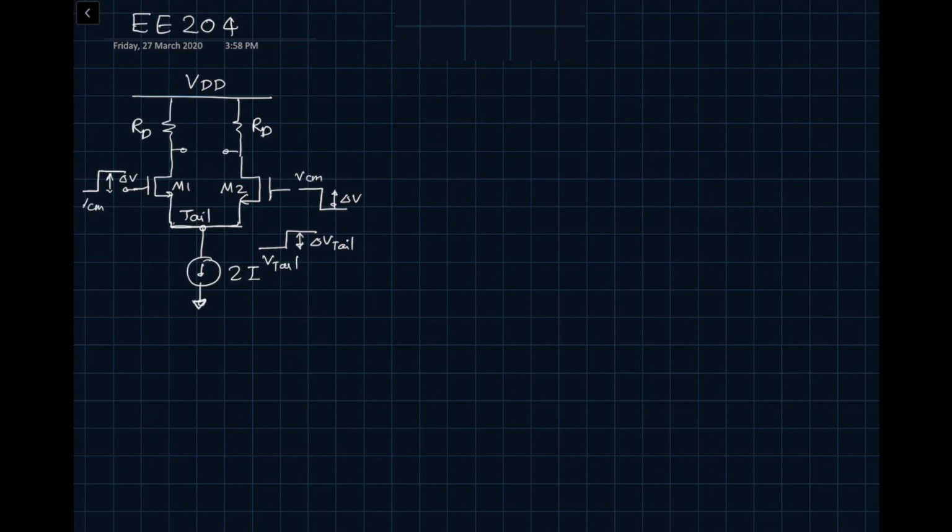What we are trying to do is zoom in around VIP minus VIN equal to 0. If you remember that transfer characteristic we did last time, this was VIP minus VIN and this was your V out, or delta I. We are trying to look at this particular part of the curve where the difference between the two inputs is very small.